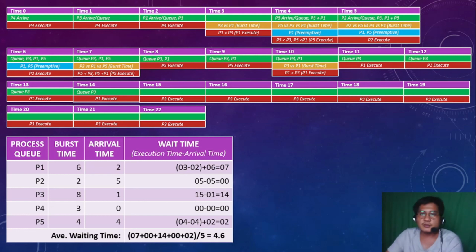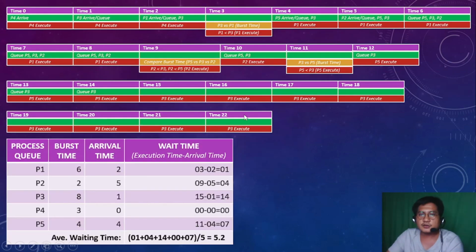So the main difference between the shortest job first, which is not preemptive, is that it will wait for the current process that is in execution to finish, and then compare the burst time of the processes which are in a ready queue.